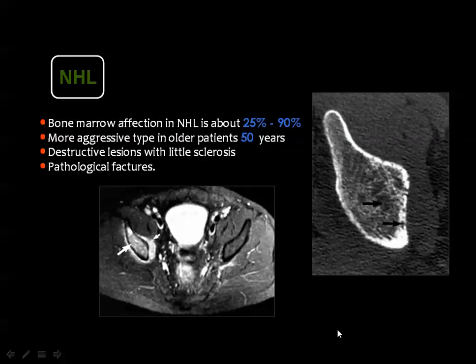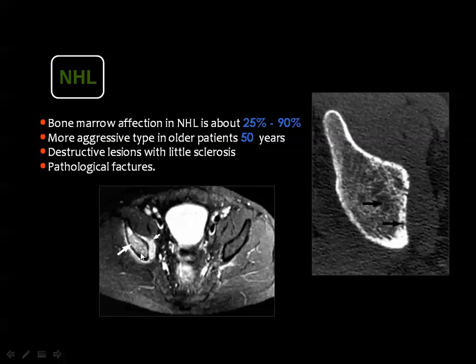Lymphoma of the iliac bone may sometimes show a characteristic feature, which is encasement of the iliac bone by a soft tissue component. The iliac bone marrow is infiltrated by the tumor.